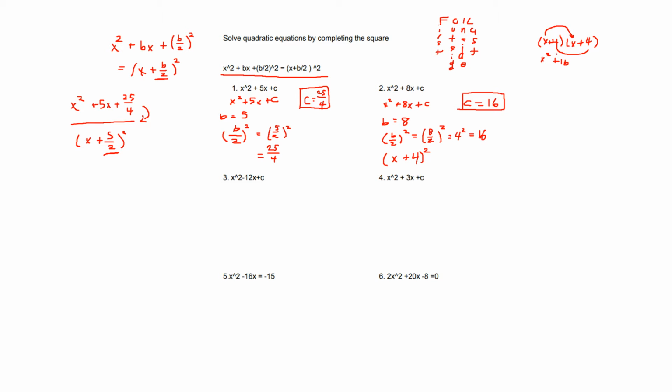By outside, we multiply the x and the 4, so this is plus 4x. The inside is 4 times x, or 4x. And 4 times 4 is our last term, so it becomes 16. So this equals x squared plus 8x plus 16, just like what we're given here.